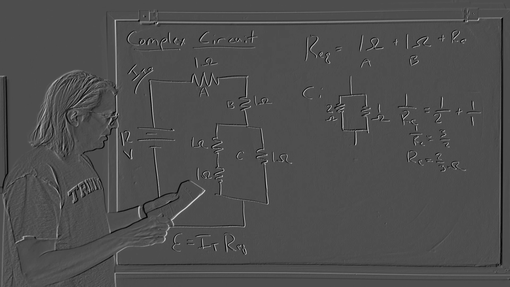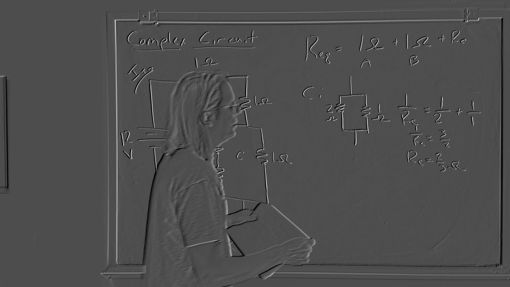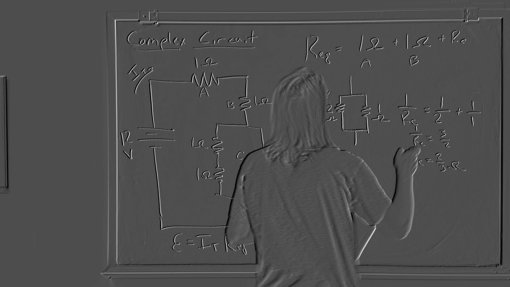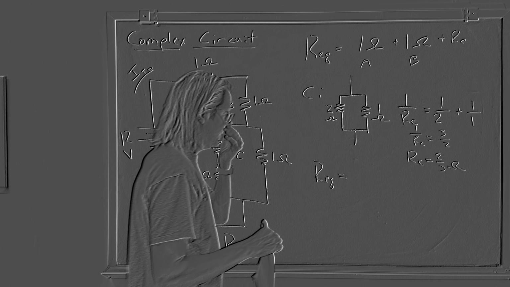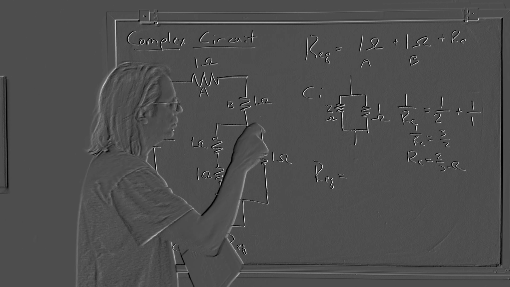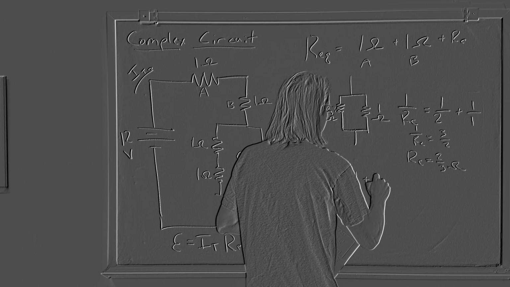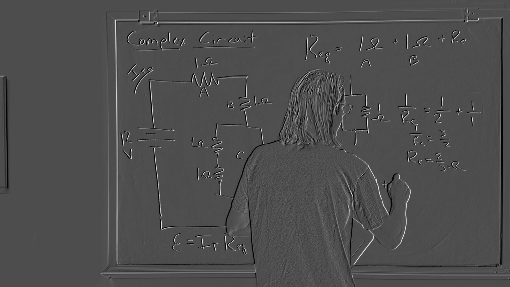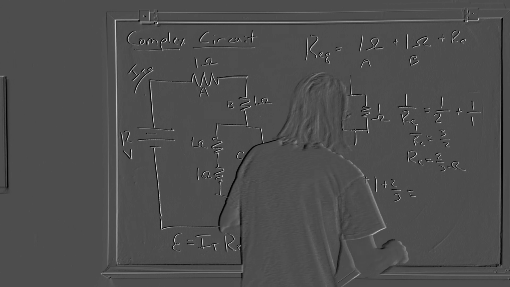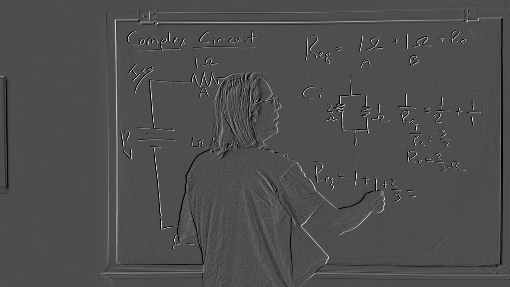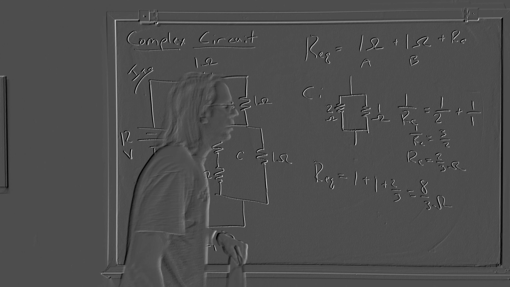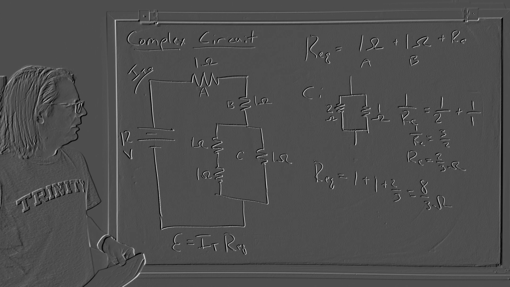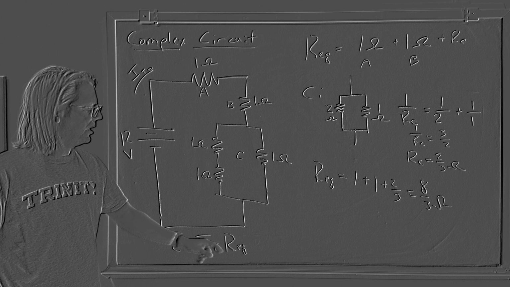Okay, so now all we've got to do is plug that into here. And we say R, the equivalent resistance, is 1 plus 1 plus 2/3. So that's 3/3 plus 3/3 plus 2/3, which is 8/3 ohms. That's all the battery knows, 8/3 ohms.